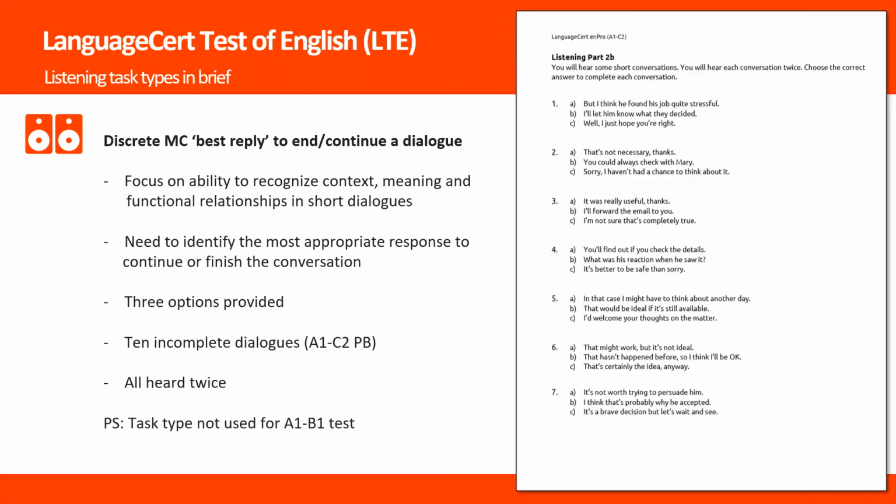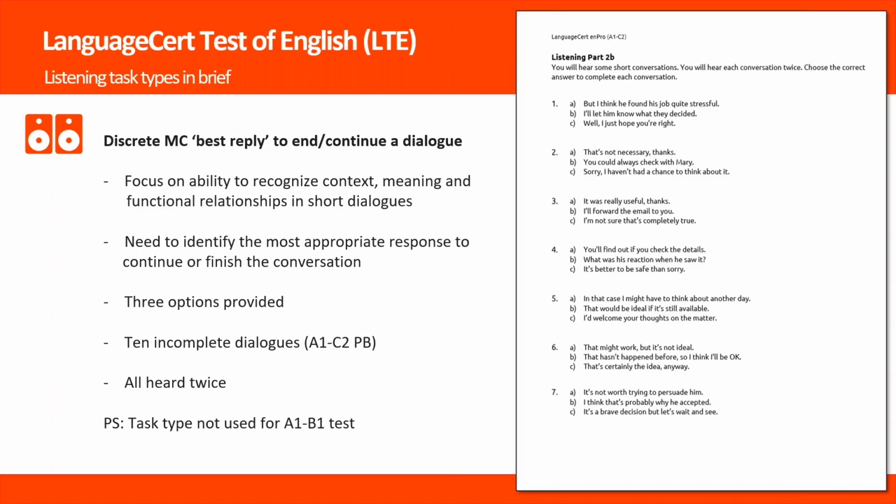Moving on to the next part of the listening test, here candidates are provided with discrete multiple choice best reply items to end or continue a dialogue. The focus is on their ability to recognize context, meaning, and functional relationships in short dialogues.